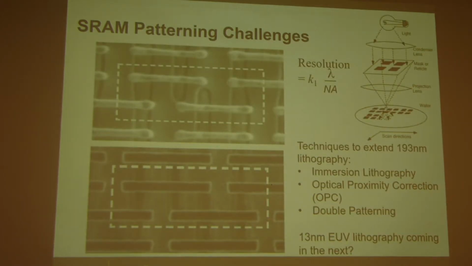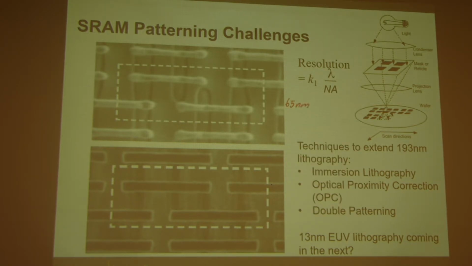So the challenge for the SRAM layout comes from the fabrication, the patterning. Patterning means the lithography. You define those patterns, those shapes, like the shape of the gate. I think this is the 65 nanometer from Intel.